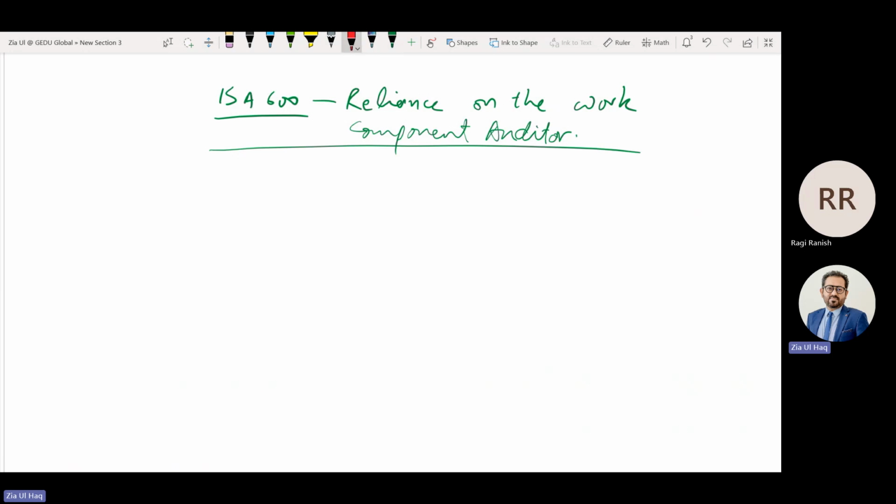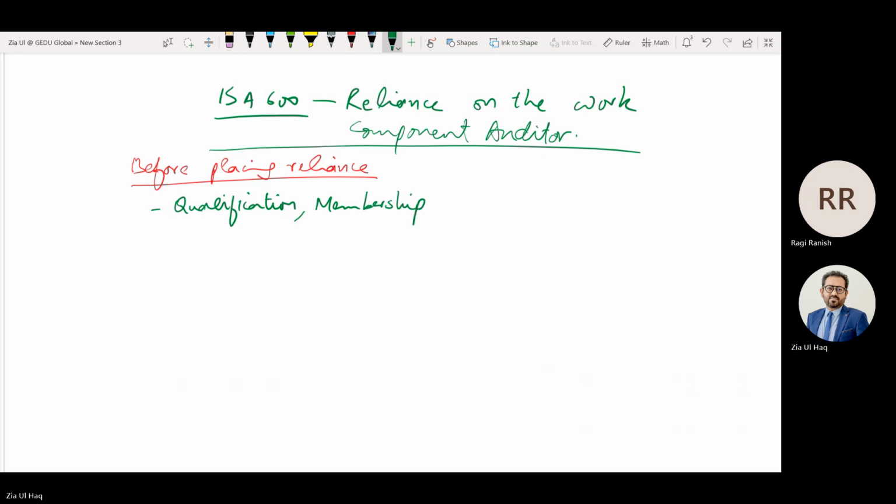Before placing reliance on the work of a component auditor, we need to check his qualification and his membership of a professional body. We need to check his experience, whether he has proper auditing experience.